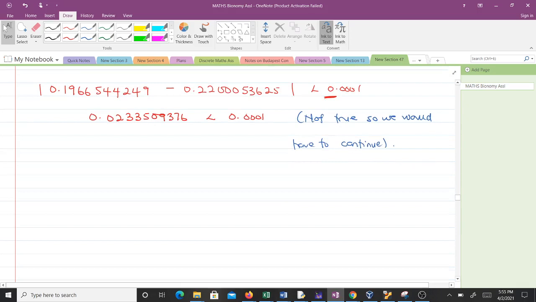If we tried to continue, we'd do thousands of iterations before we get the absolute value of xl n minus xr being less than 0.0001.